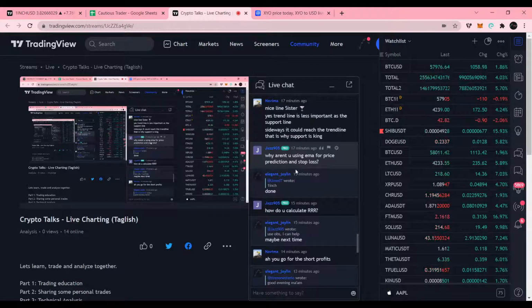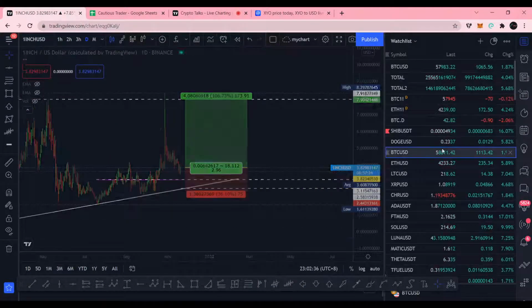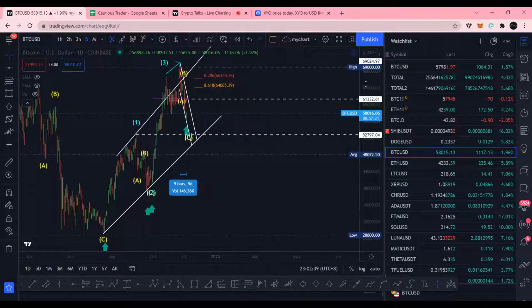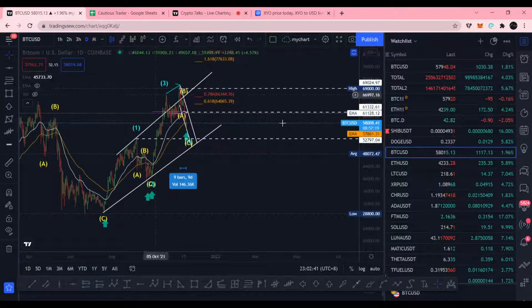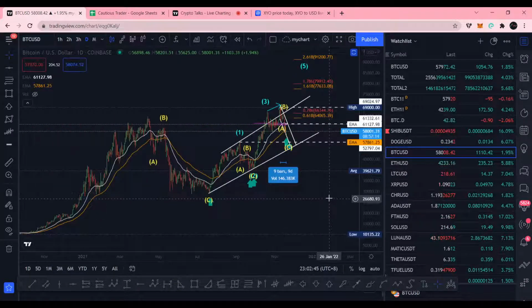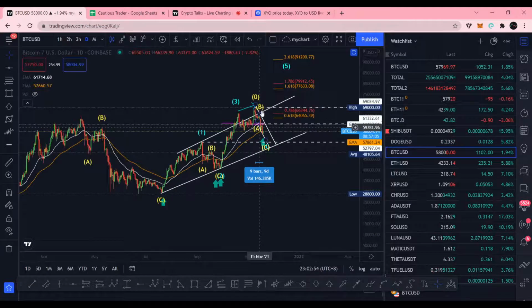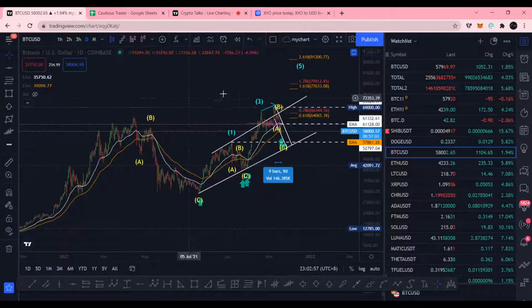Are EMAs for price prediction and stop loss? Wait, I'll just go back here. There are actually limitations for EMAs. We can actually use it as support resistance, but for price prediction as our target might not be possible, I think.